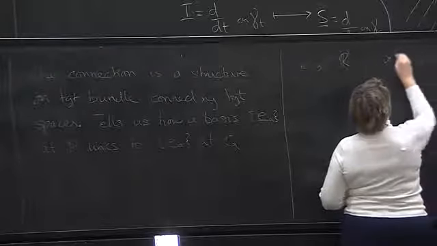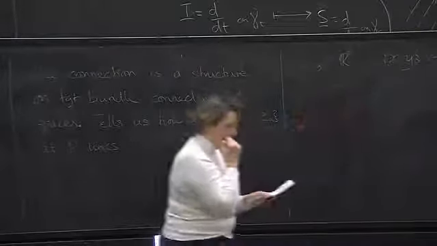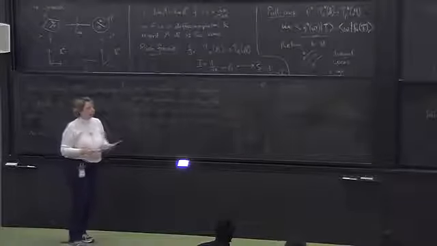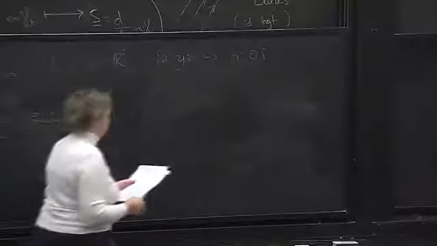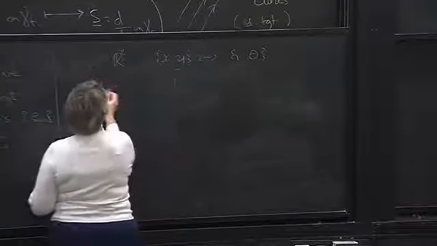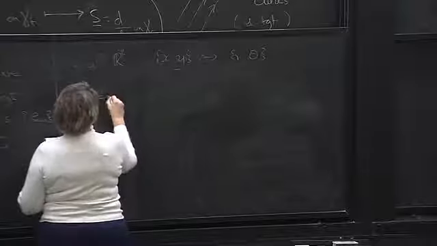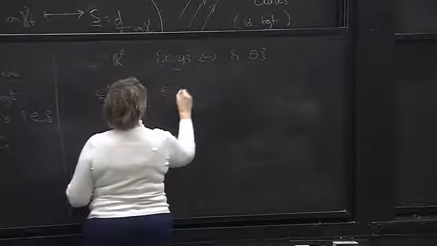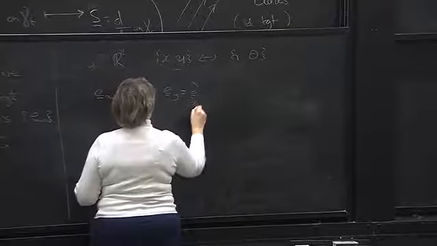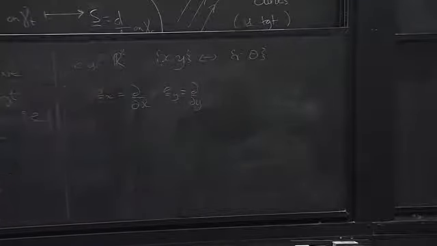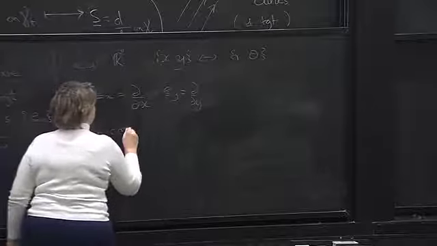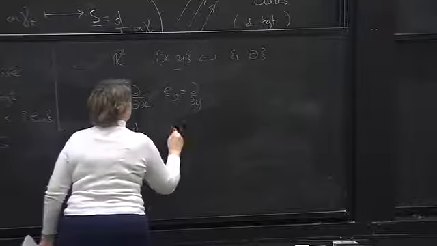So let's just think of R squared, flat R squared, with two different charts. We've got standard Cartesians and we have cylindrical polars. So our Cartesian basis would just be d by dx and d by dy. This is both coordinate and orthonormal.